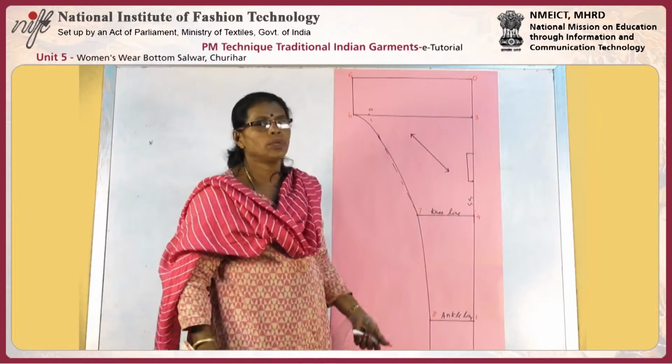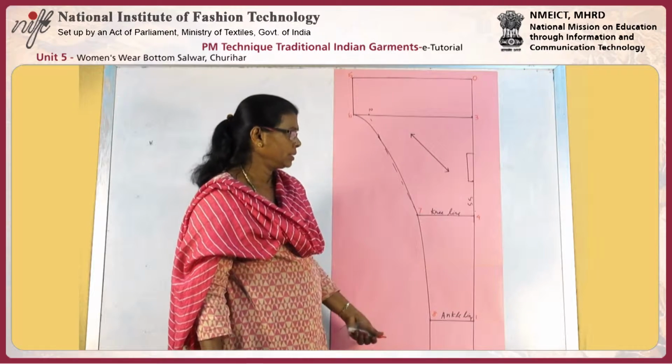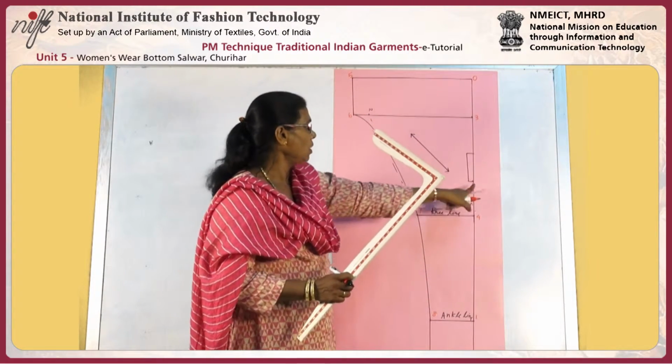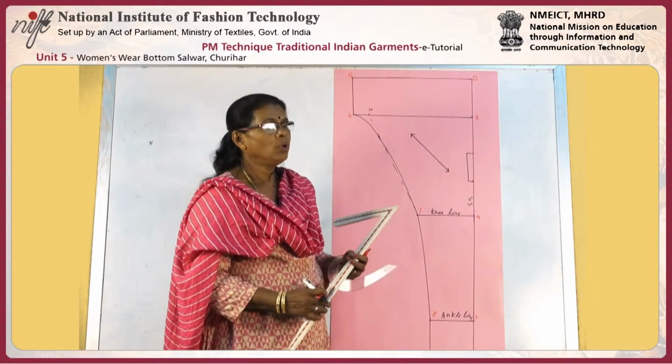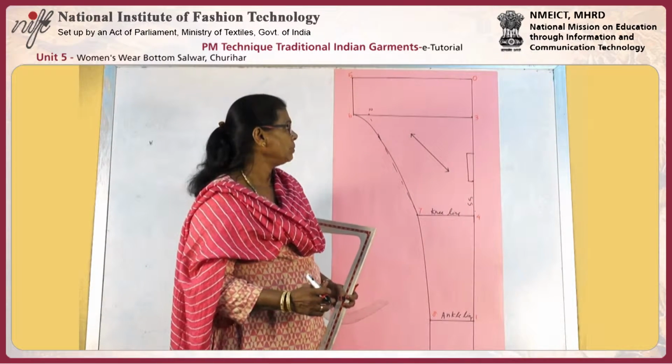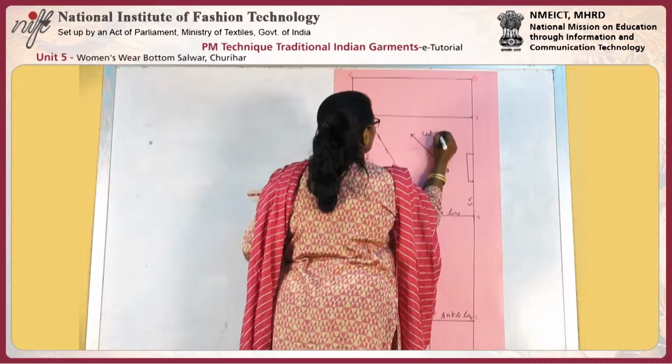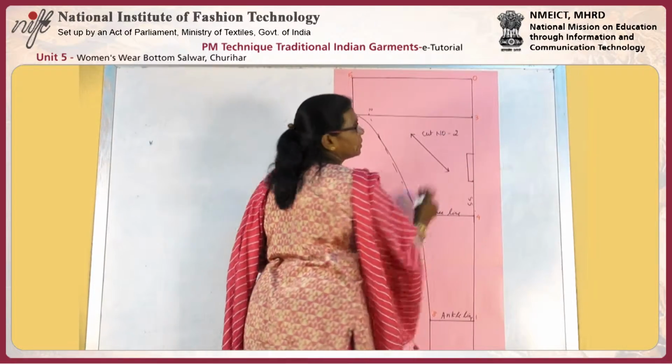This churidhar will be always cut in bias, and this is on fold, so one piece for the left leg, the other piece for the right leg. So cut number is 2 piece.